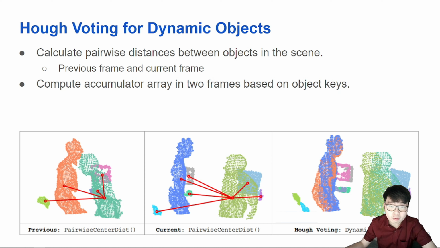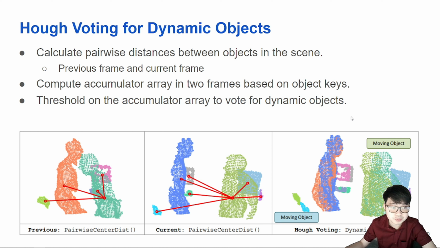When it comes to object keys, we are also tracking the objects in the scene. For example, if a person is moving within frame t, this person, or this object ID, will be kept track of until the end of the sequence. Based on the object ID, we will know its pairwise distance relation to other objects in the scenes.